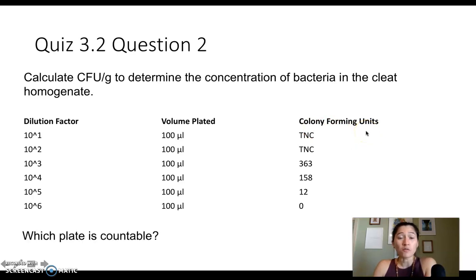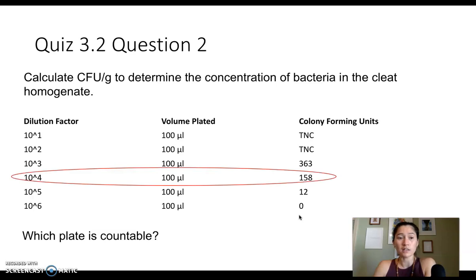So first of all, remember we want to identify which plate is countable. Looking at these CFUs here, which again is this right-hand column, which of these plates is the countable one? Right, it's this one right here, the 10⁴ dilution factor. It has 158 colony forming units, which falls within that range of between 30 and 300. So this is the plate we'll want to use to do our back calculations.